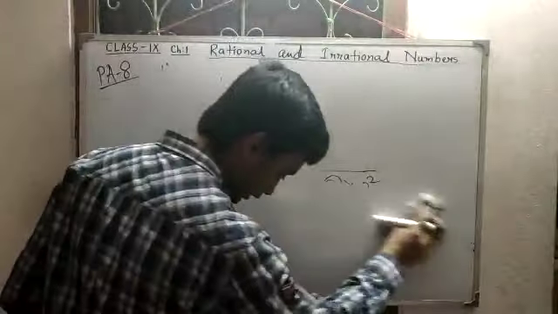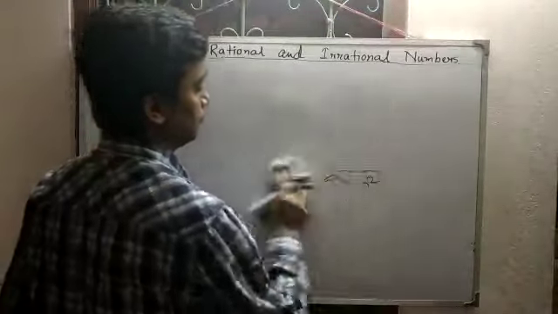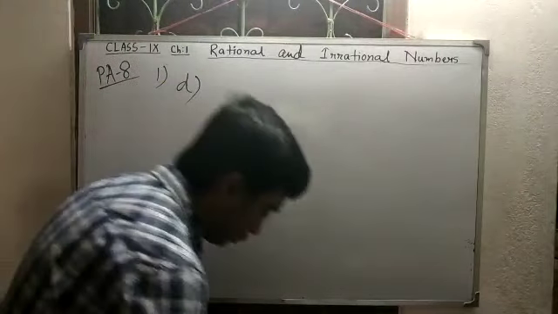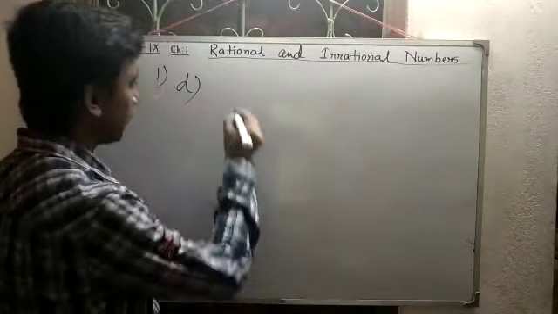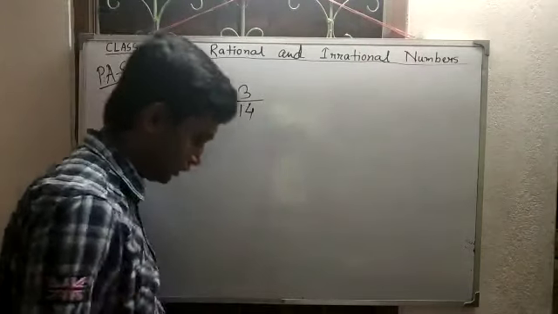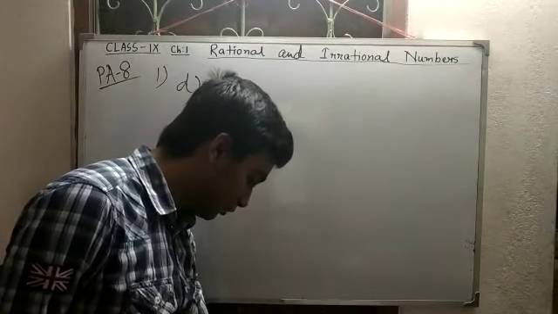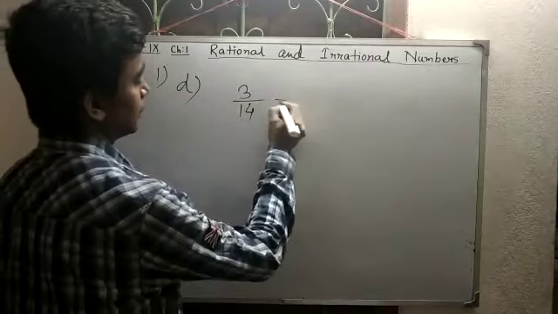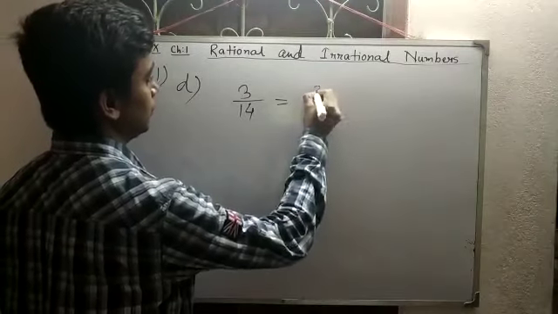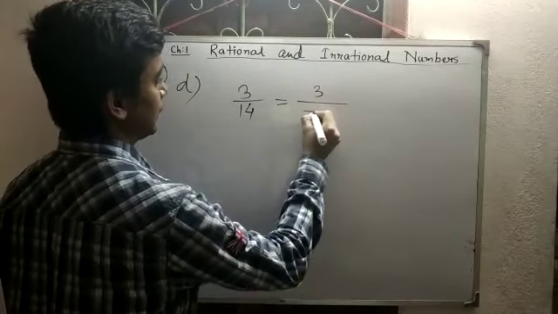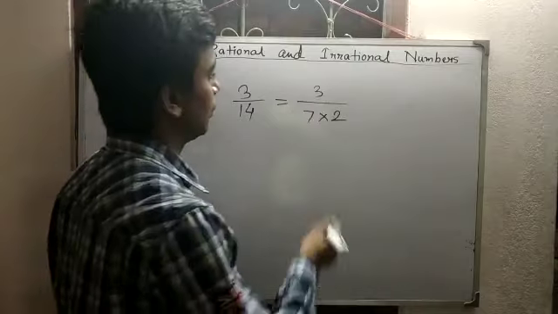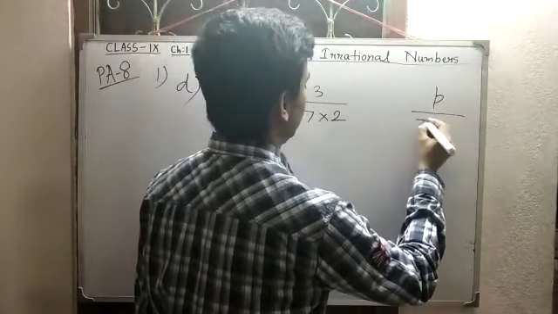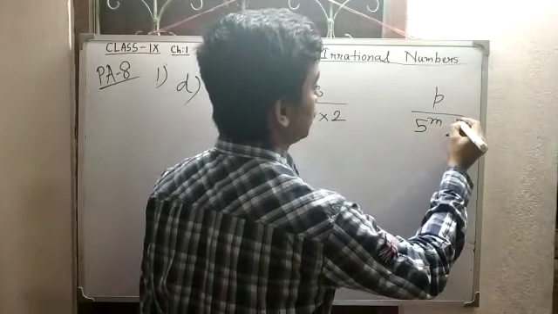Next, number 1D. The question is given: if 3 by 14 is changed into a decimal number, what type of a decimal number will it be? So just factorize the denominator. So it will be 3 divided by 7 into 2, because it is not in this form, like p divided by 5 to the power m into 2 to the power n.